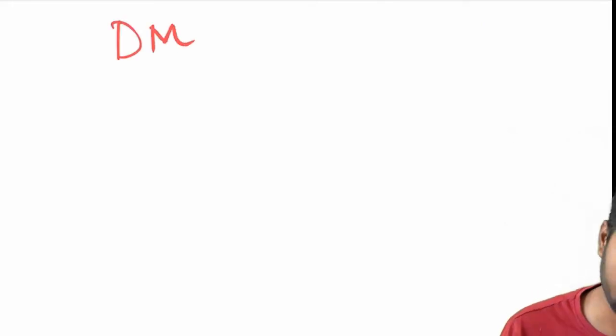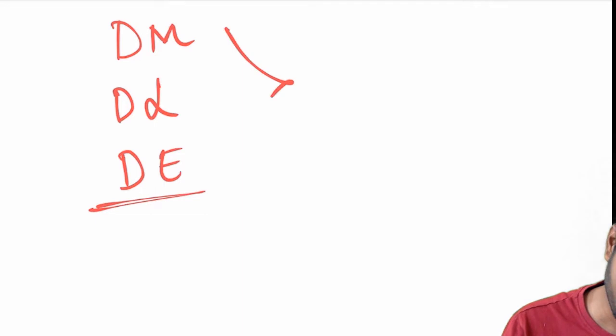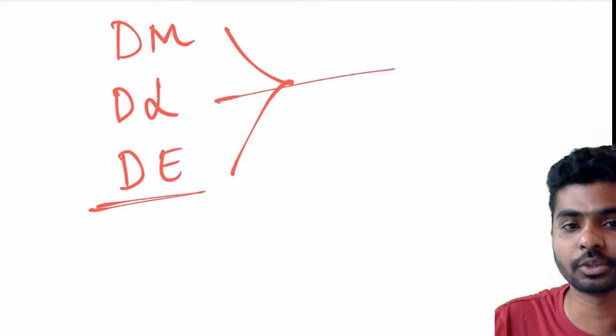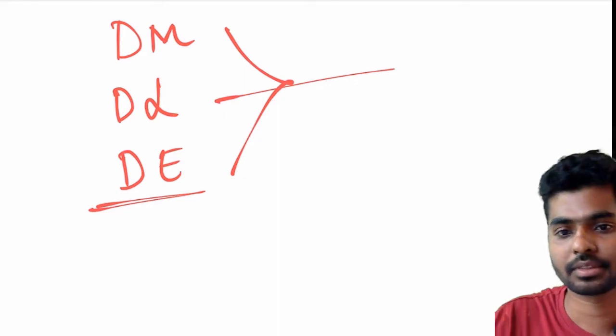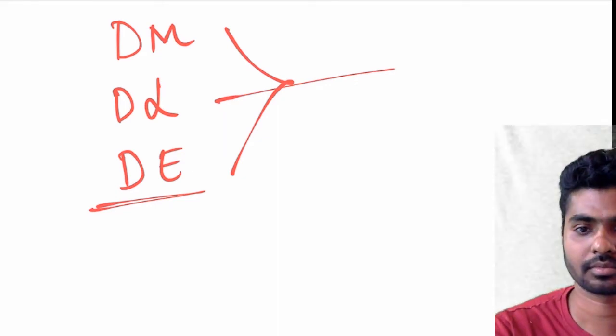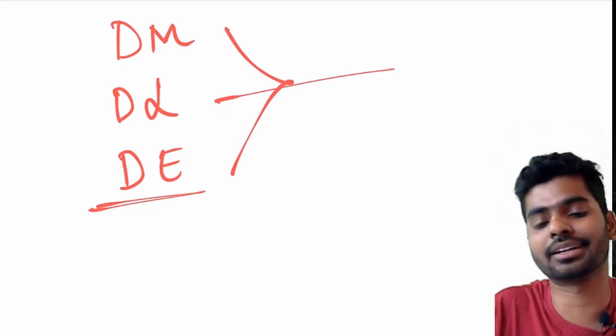I told you guys the other day, to make a complete product, I require direct material, direct labor, direct expense. What do I call these three to be?